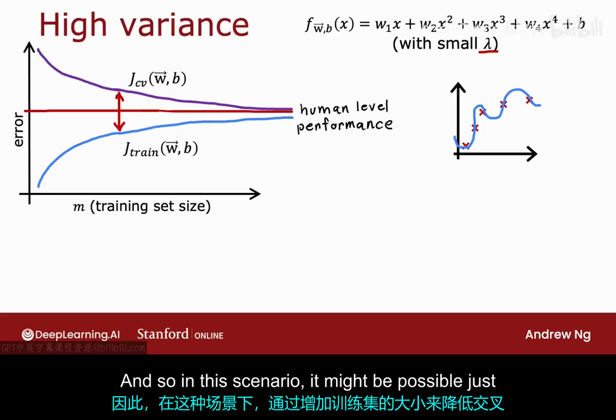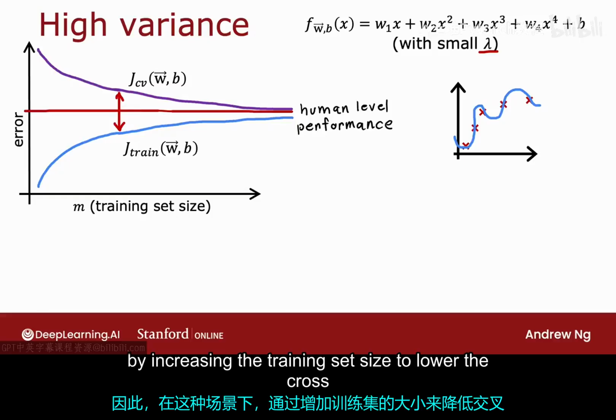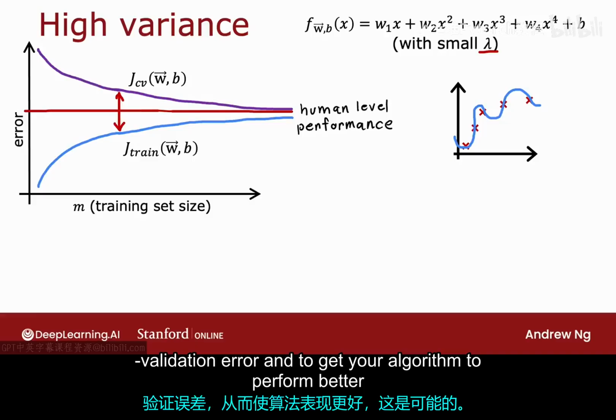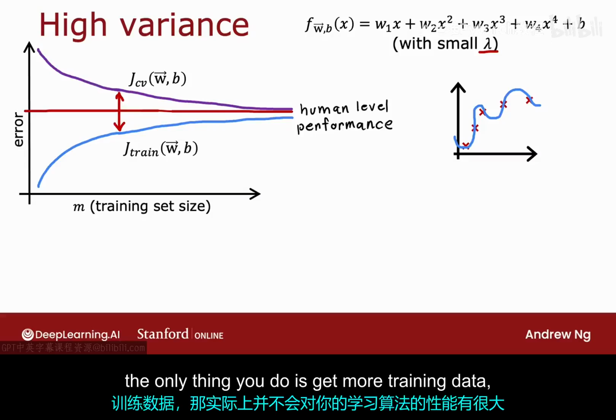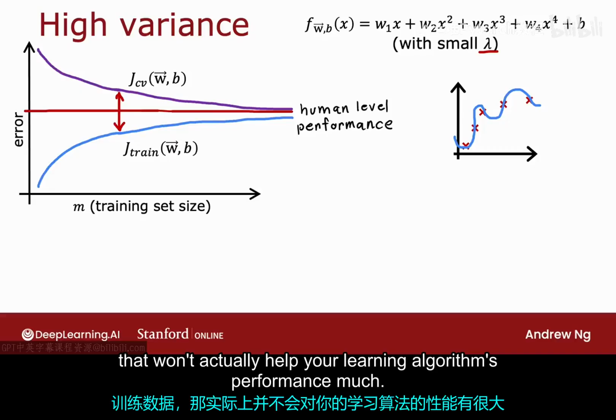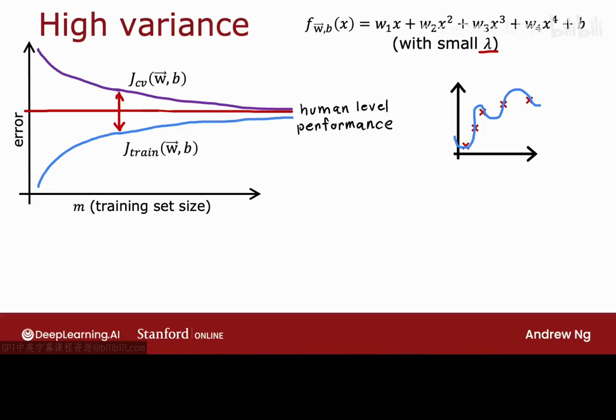And so in this scenario, it might be possible just by increasing the training set size to lower the cross-validation error and to get your algorithm to perform better and better. And this is unlike the high bias case, where if the only thing you do is get more training data, that won't actually help your learning algorithm's performance much.